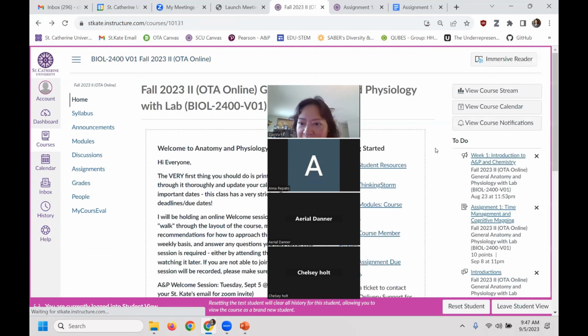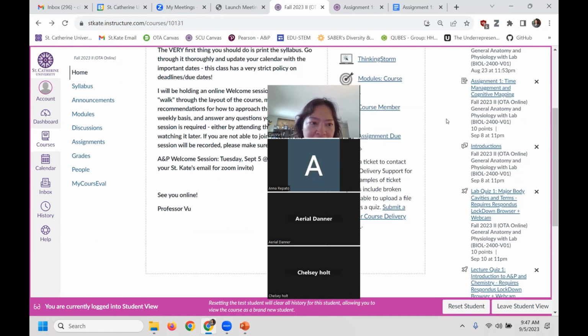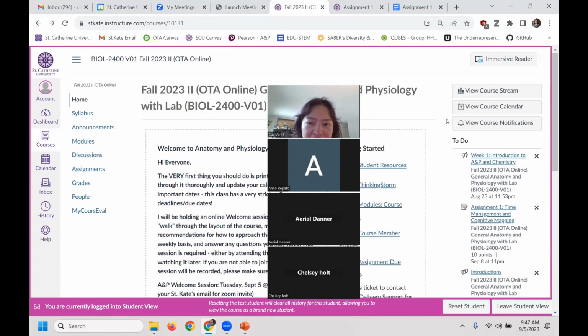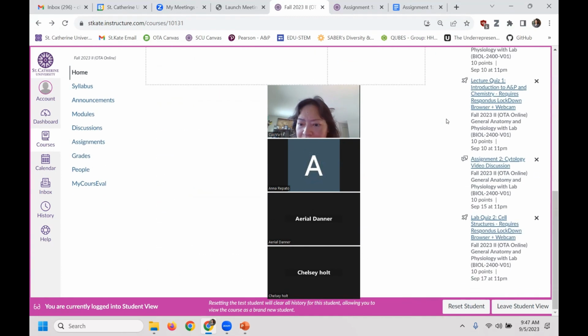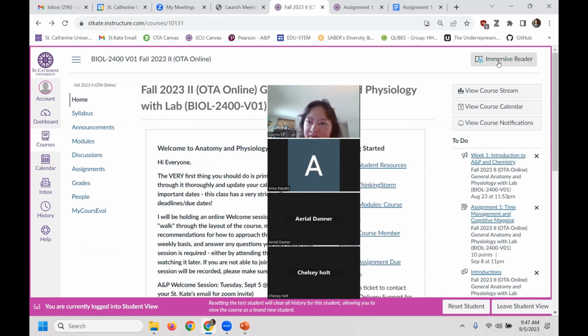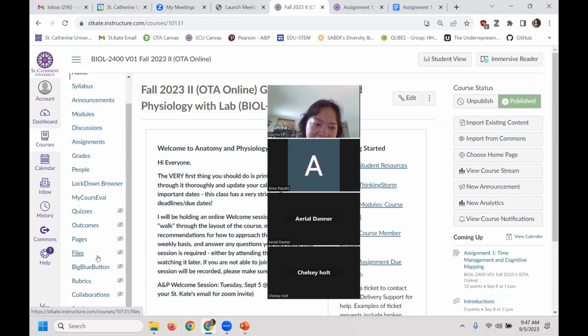Oh, I haven't done this in a while. There's somewhere in here where you can change the notifications. Maybe it's, let me get out of the student view. The student view, it might be in settings. Let's move this, go into settings.